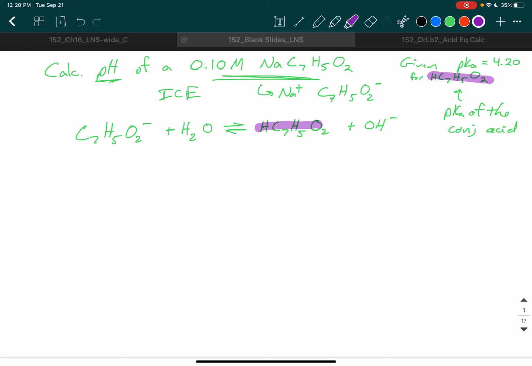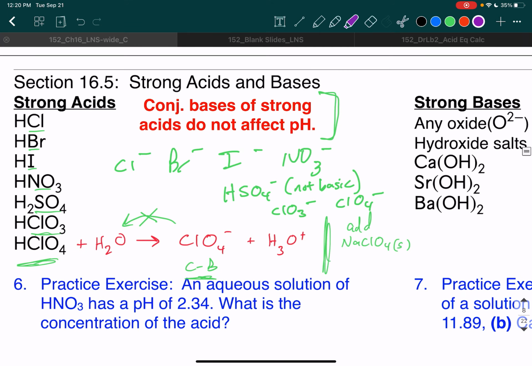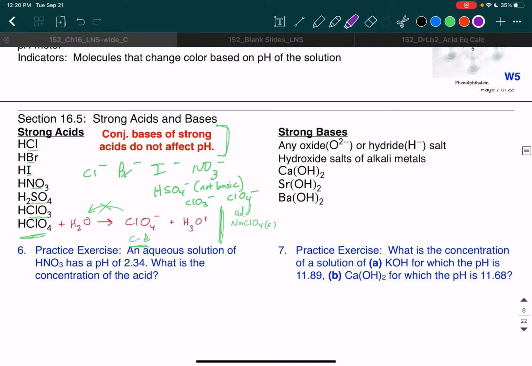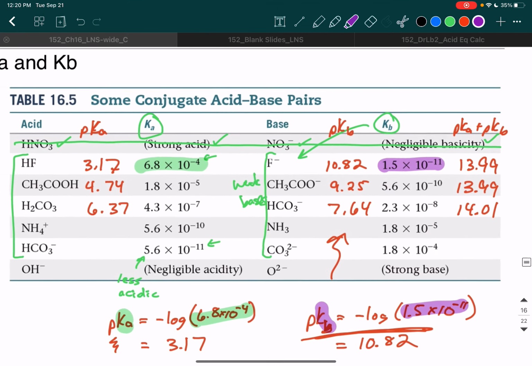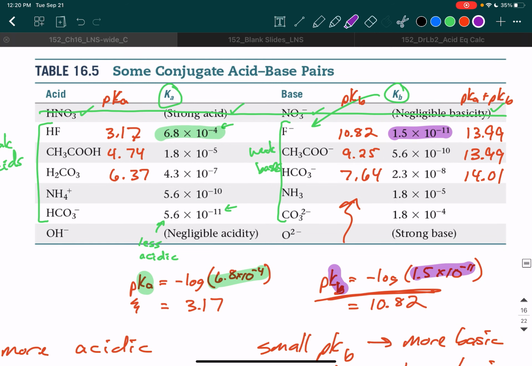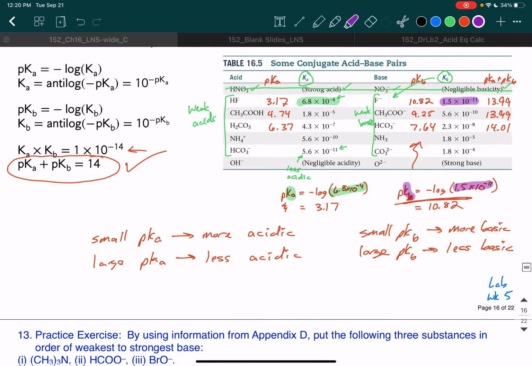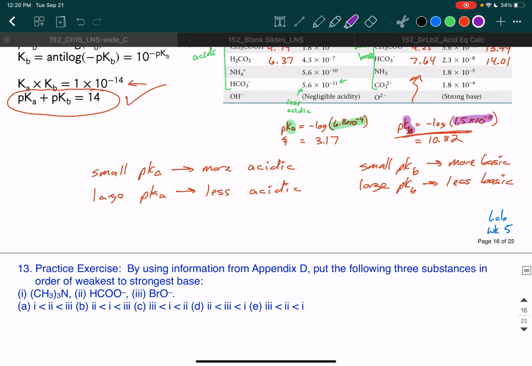That link between the pKa and the pKb, that relationship, pKa plus pKb equals 14.